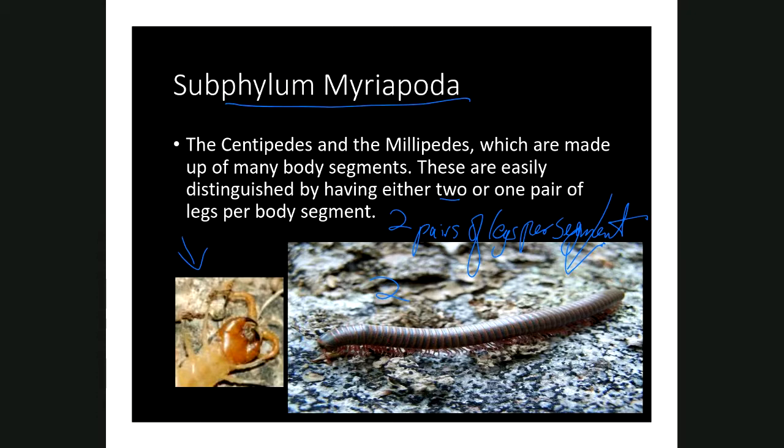The millipedes have two pairs of legs per segment, and here's a segment of the centipede. Here's another segment, and each one of these only has one pair of legs. So one pair per segment. Okay? One pair per segment.